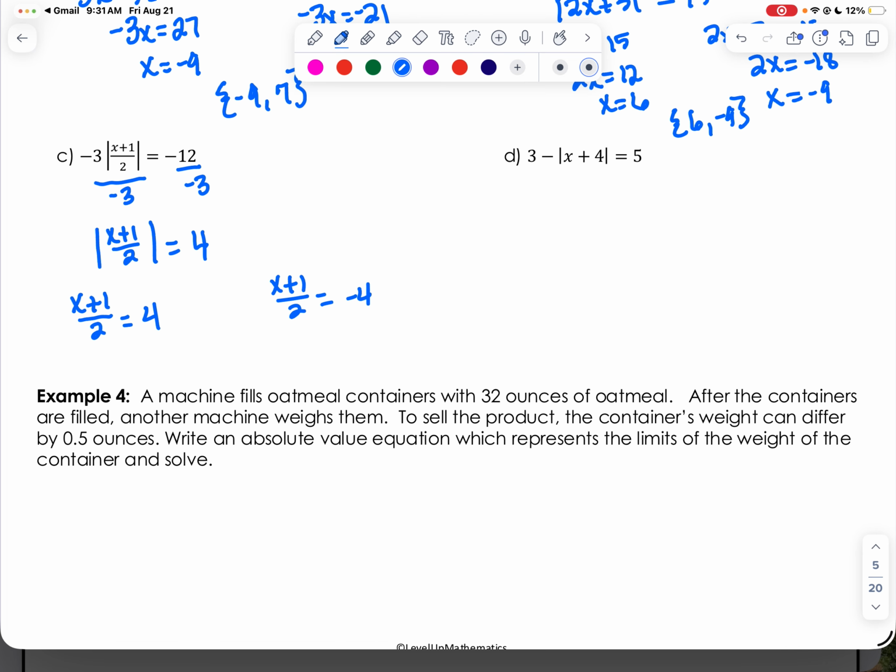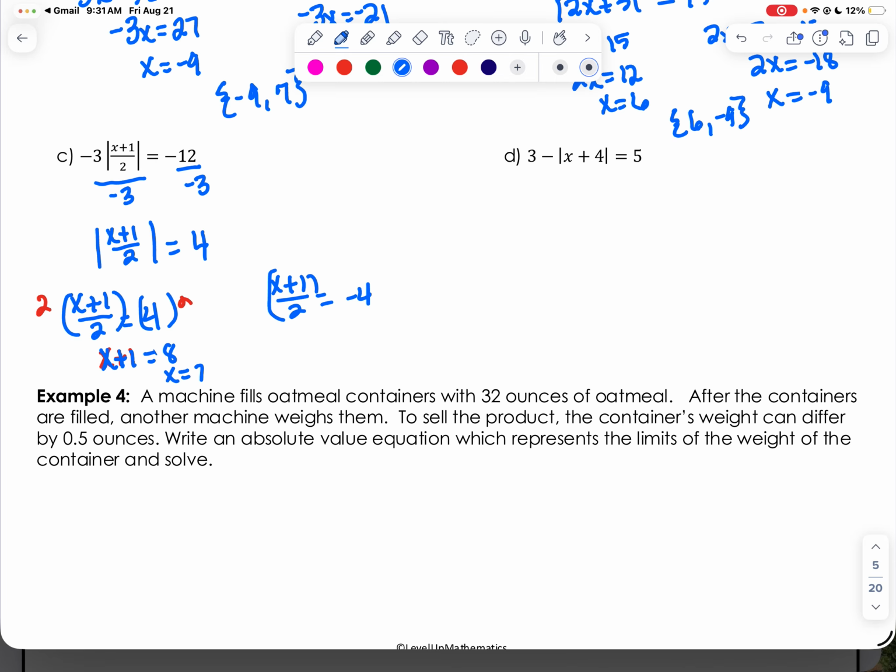All right, to get rid of the 2, I'll have to multiply both sides by 2. And when I do that, that will leave me x plus 1 equals 8, and then subtract 1 to get 7.